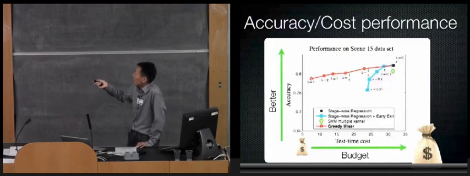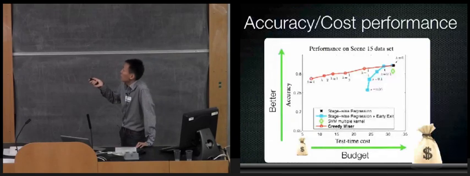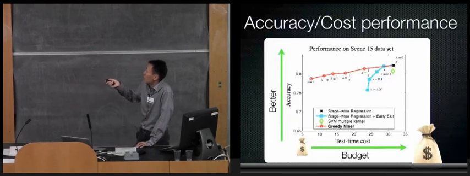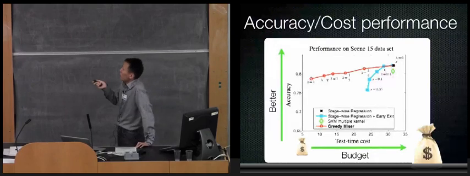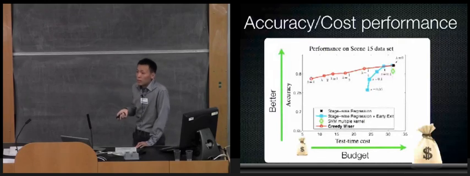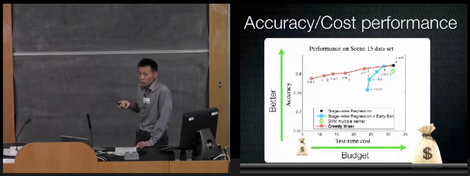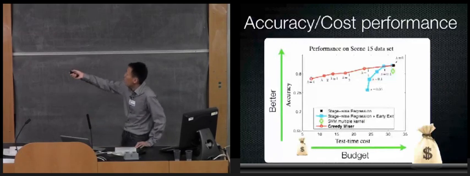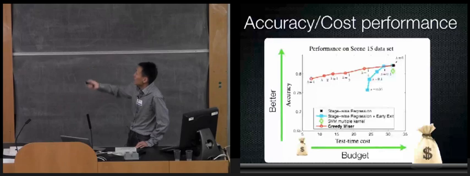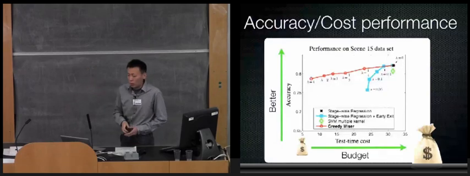And early exit reduces the cost, but it also hurts the accuracy quite a bit. SVM multiple kernel is similar to stage-wise regression: although it achieves really high accuracy, it's really expensive because it uses all the features. And the Greedy Miser, our algorithm, achieves relatively high accuracy when the budget is 1/5 of the total cost.